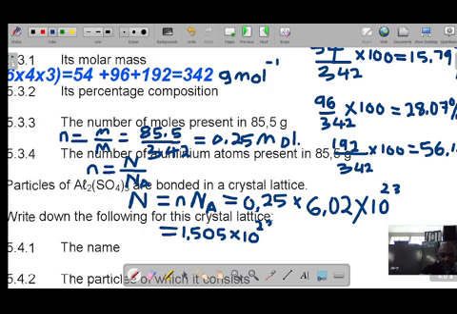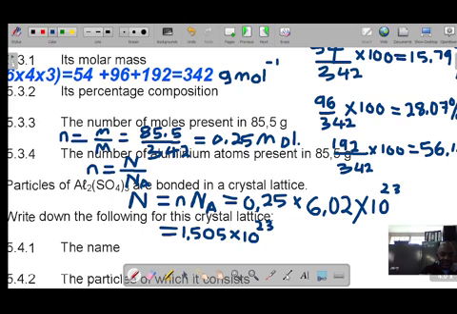Now what about these particles which you see here? They are the particles of aluminium sulfate contained in this mass, the 85.5 grams.